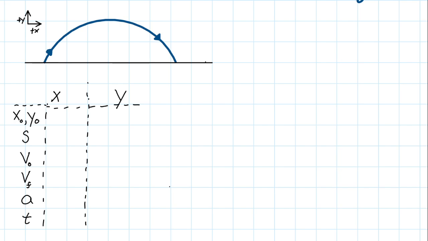So what we want to do is remember that anytime I'm using anything in this class, I want to make sure that I'm considering the components. So here in this problem, if we think about what is the x position over time, right?